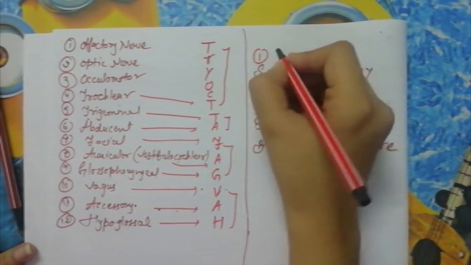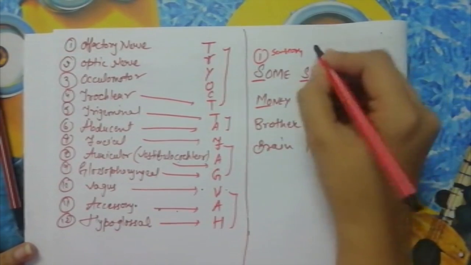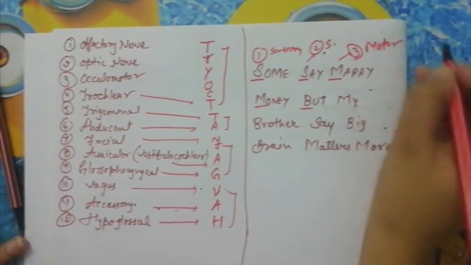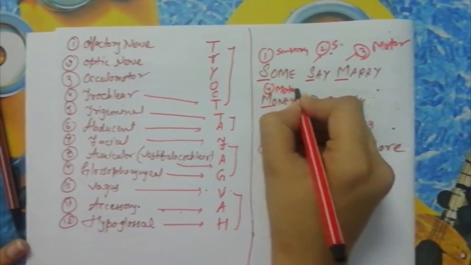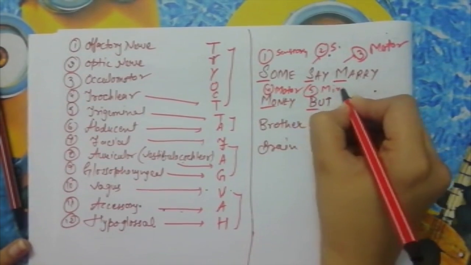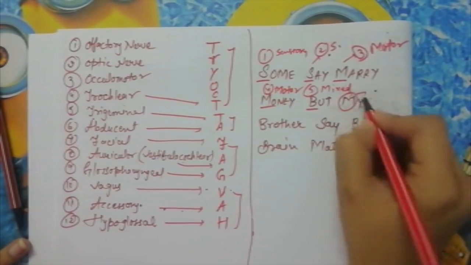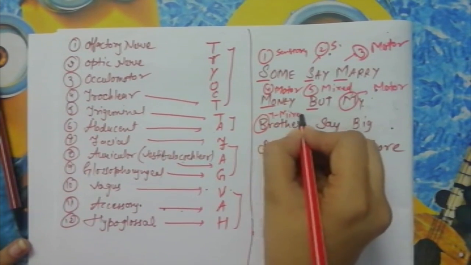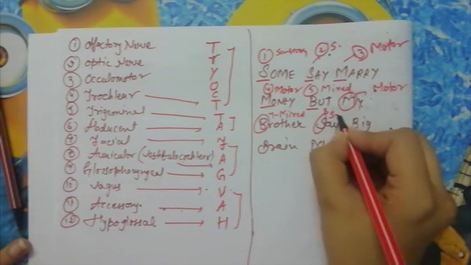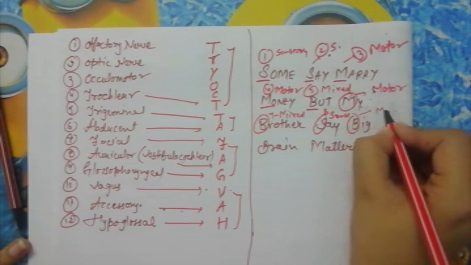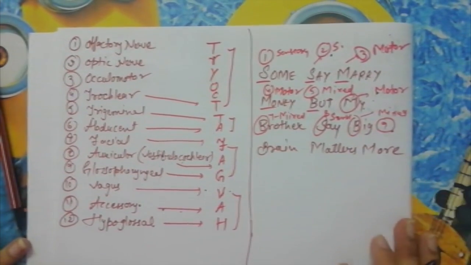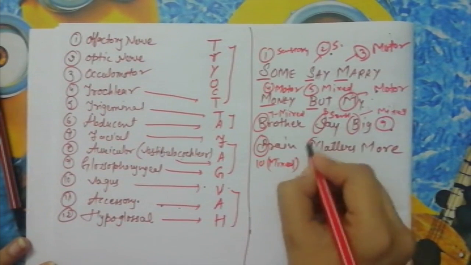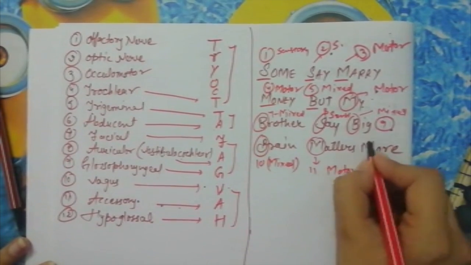So first is sensory, second is also sensory, third is motor, fourth is also motor, fifth is mixed, which is trigeminal, sixth is again motor, seventh is mixed, which is the facial nerve, eighth is sensory, ninth is also mixed, which is the glossopharyngeal nerve, 10th also mixed, 11th is motor, and 12th is also motor.